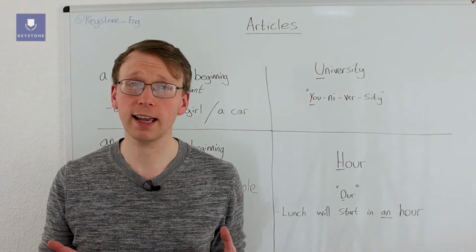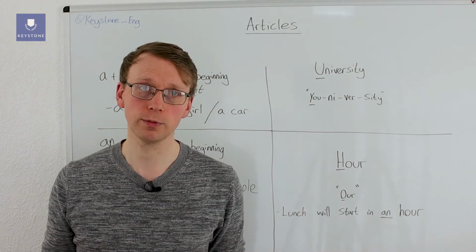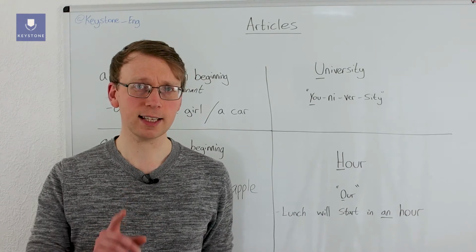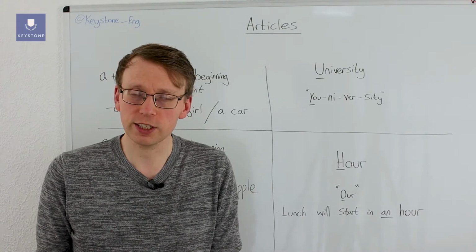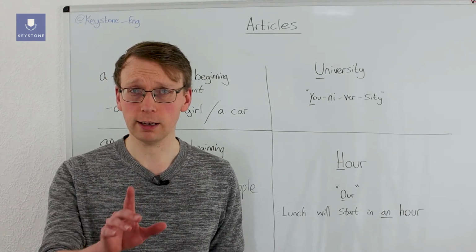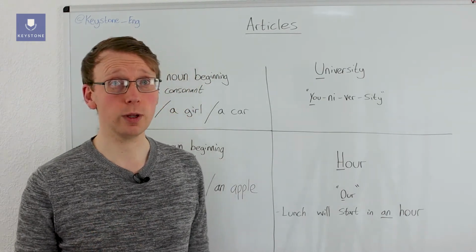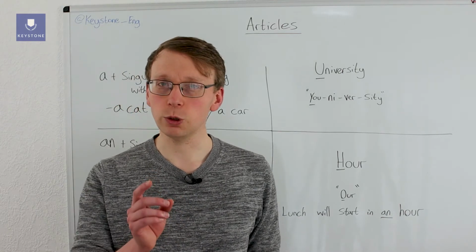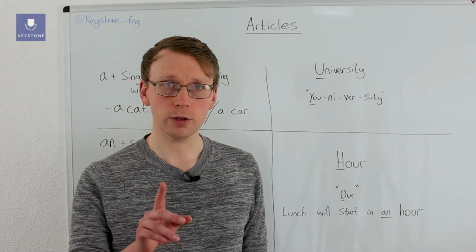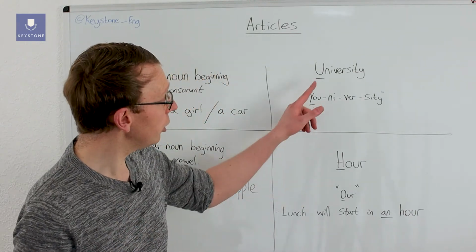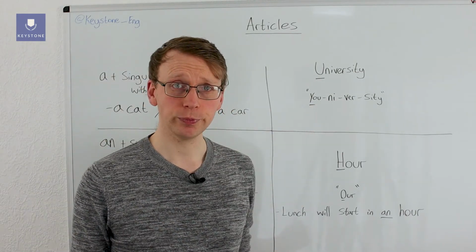But of course there are exceptions to the rules. So you'll notice that I said it starts with a vowel sound, not just that it starts with a vowel. There are some words that start with a vowel, but they do not have a vowel sound at the beginning. So for example, let's consider the word university.